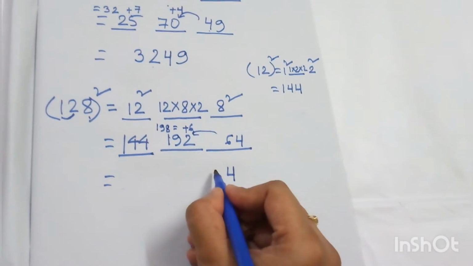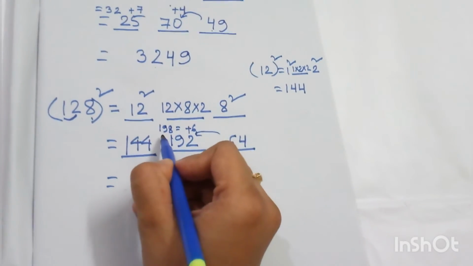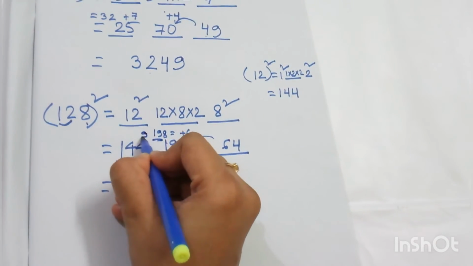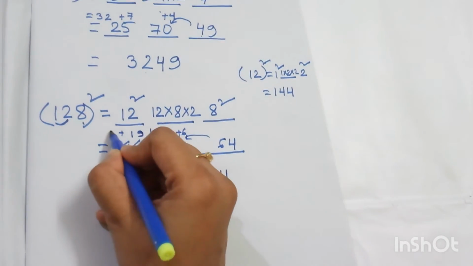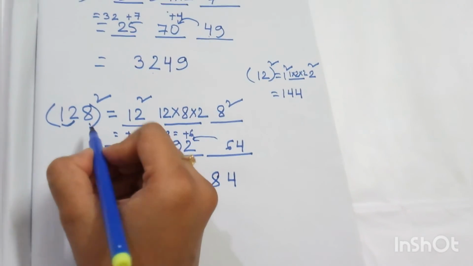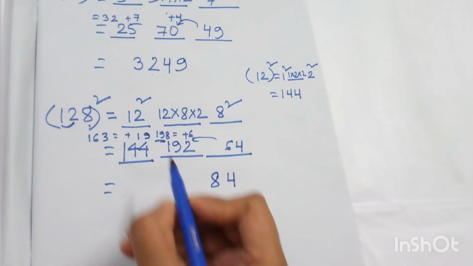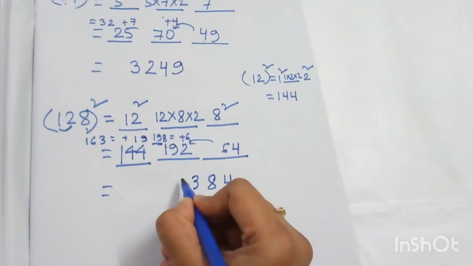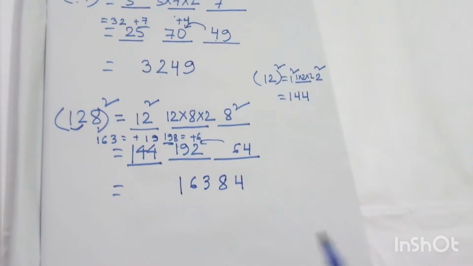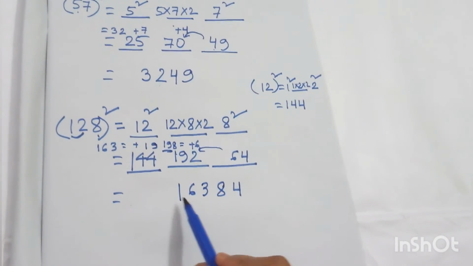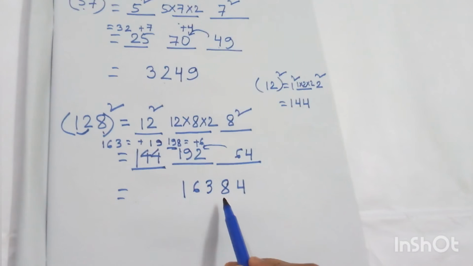So 8 will be placed here and 19 will be added with this number. So it will be 163. So put this whole number here. So 128 square will be 16384.